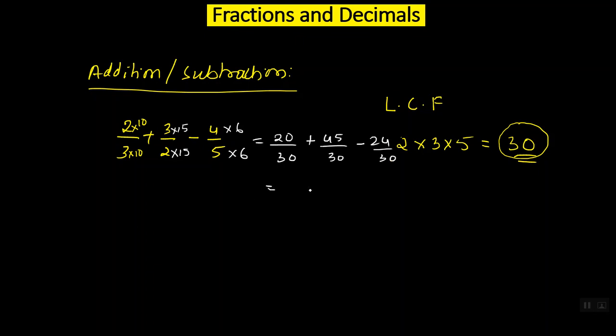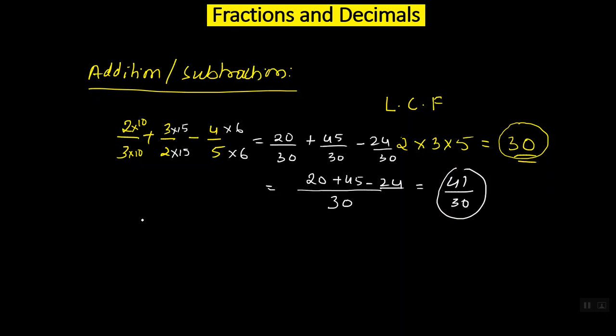We got 30 as the common denominator now, so I can write it as 20 plus 45 minus 24 over 30. That is equivalent to 41 by 30. If it is possible to simplify, simplify it, or keep it as it is. This is how you add or subtract fractions.